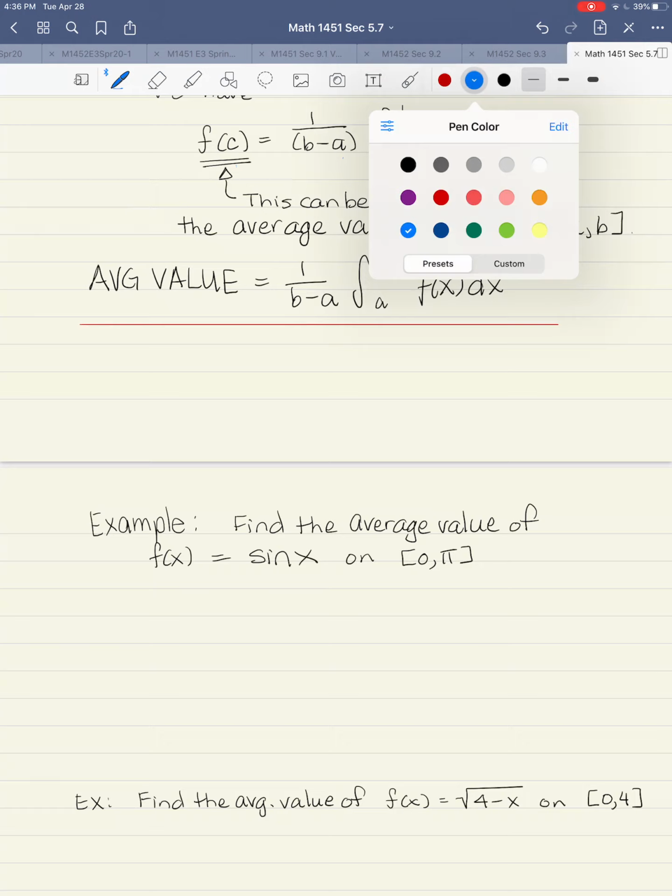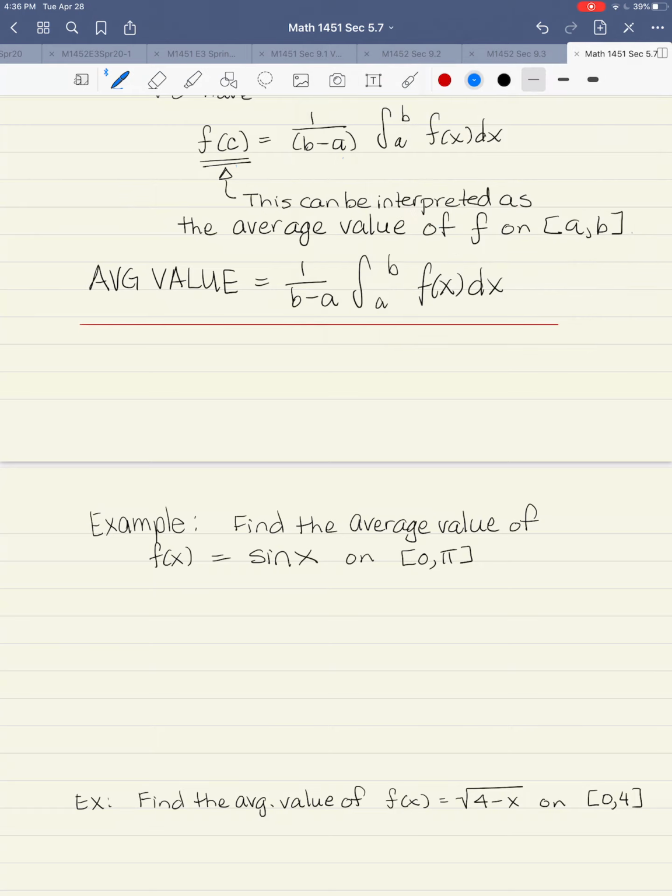So here are some examples for average value. Let's go back to our sine integral, and let's compute the average value of the sine of x. So the average value, let's write down the formula. It's 1 over b minus a times the integral from a to b of f of x dx.